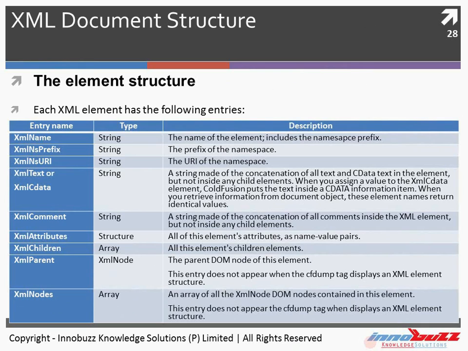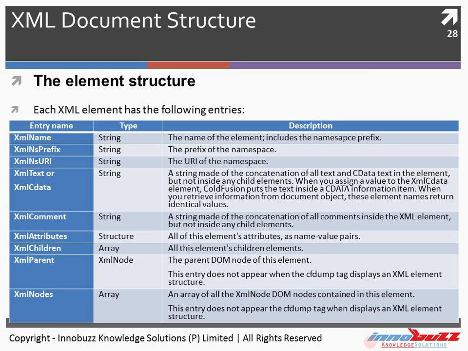XML comment, XML attribute, where all this element's attributes are name-value pairs. Finally, there is XML children, all the element's children elements, and also the XML parent, the parent document object model node of this element.